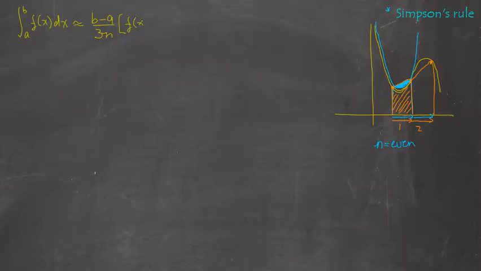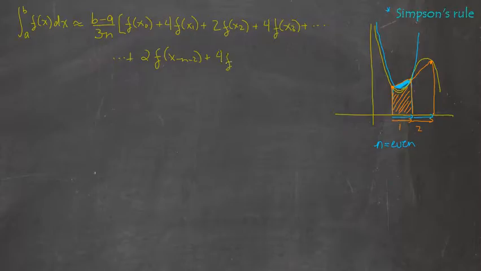plugging in f of x0. This looks very similar to what we did before, plus 4 times f of x1 plus 2 times f of x2 plus 4 times f of x3 plus, I run out of room, so I'm going to move it down here, plus 2 times f of x(n minus 2) plus 4 times f of x(n minus 1) plus 1 times f of xn.